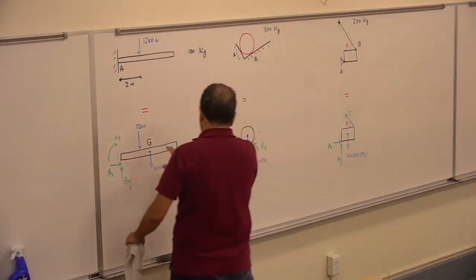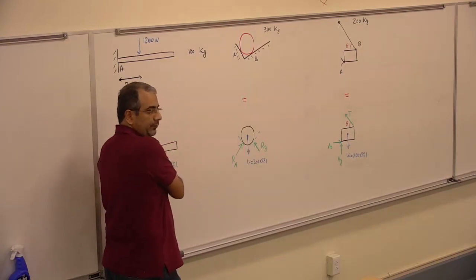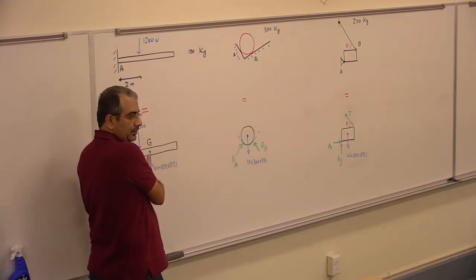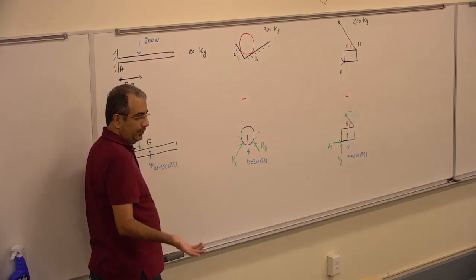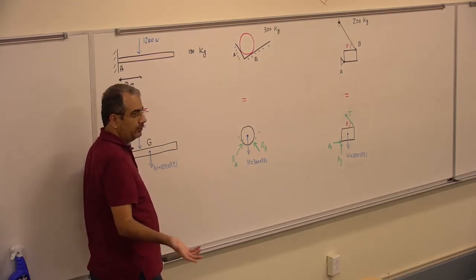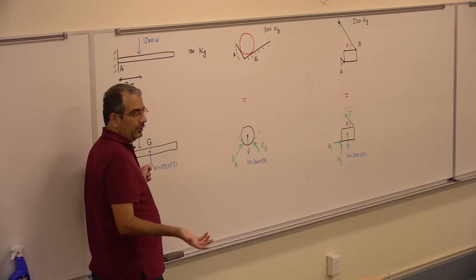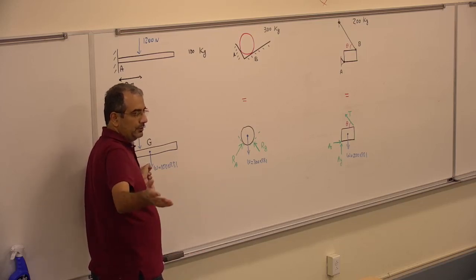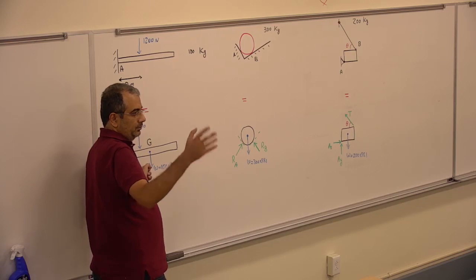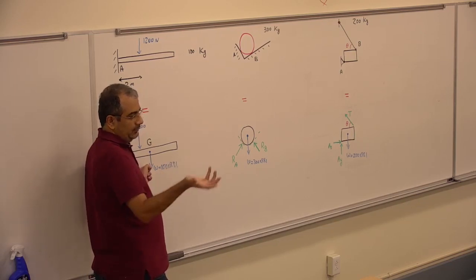So when I have them in this shape, in free body diagram format, I want to write the equation of equilibrium. So then I have it like this. I want to write the equilibrium equation. So I wrote it at the beginning of the class as a vector.